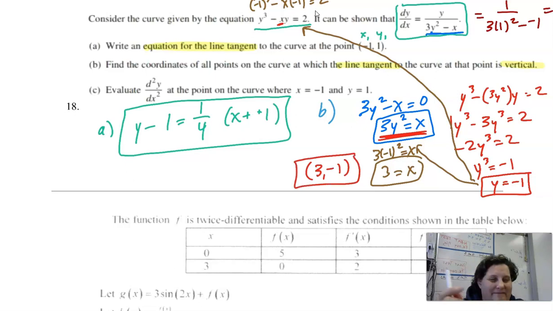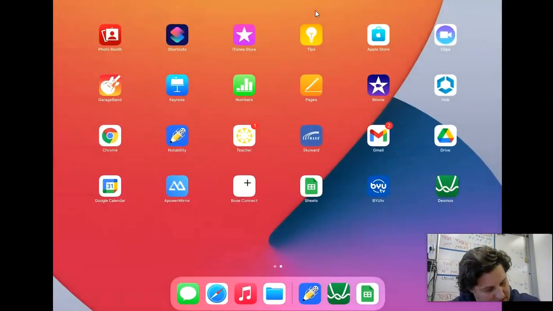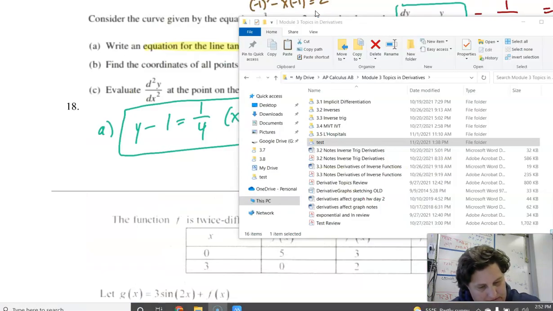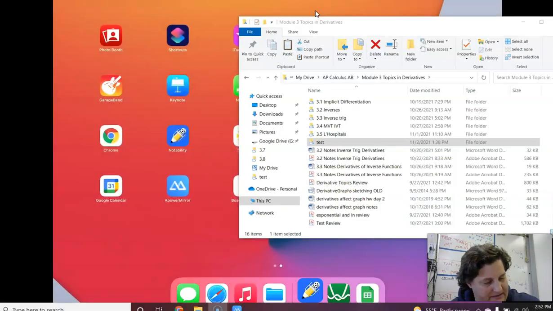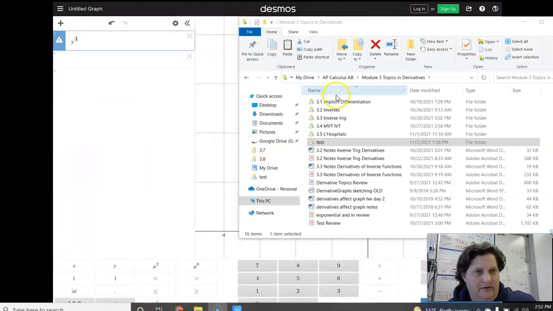Wouldn't it be helpful if we could visualize what we're doing? This has nothing to do with what's on your test, but it's good to understand. My original problem was y to the third minus xy equals 2.